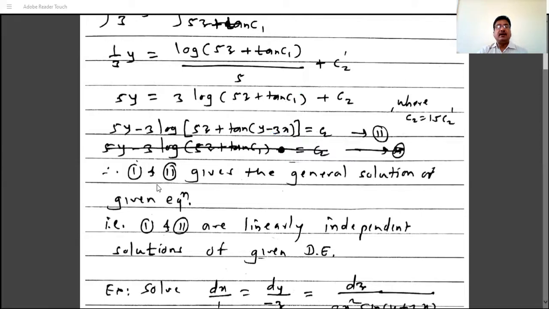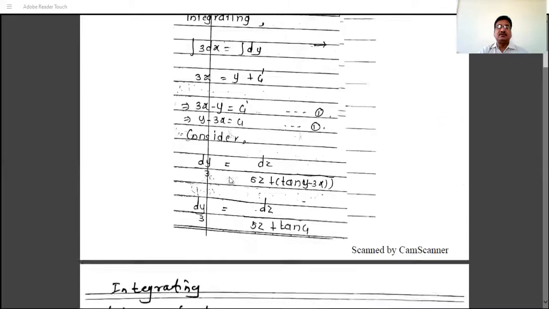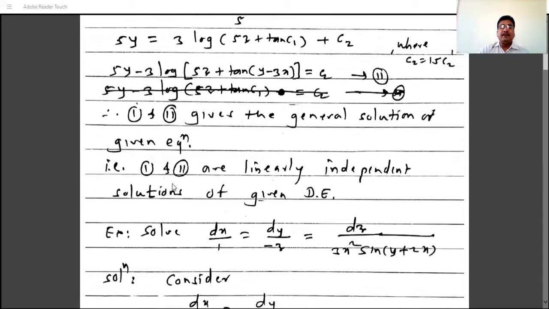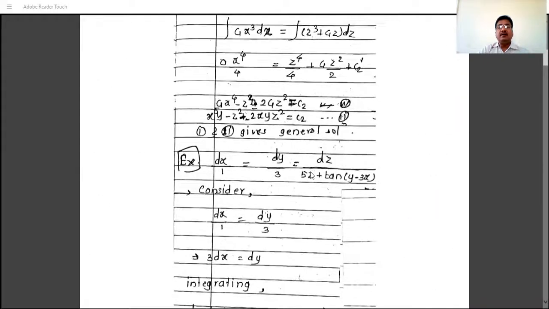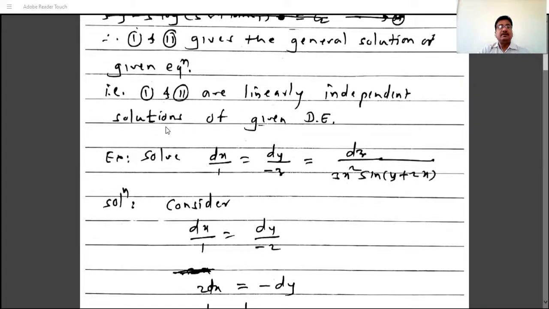This is the second, and this is the first, that is y minus 3x is equal to c1, and the second gives the general solution of the given differential equation. And these 1 and 2 are linearly independent solutions of equation number 1, the given differential equation.